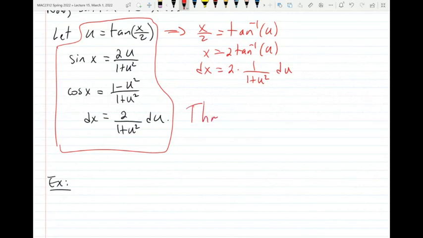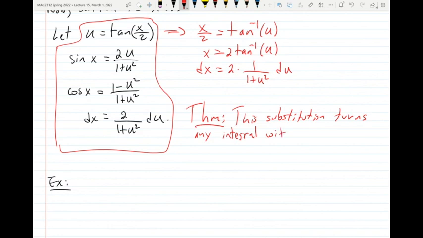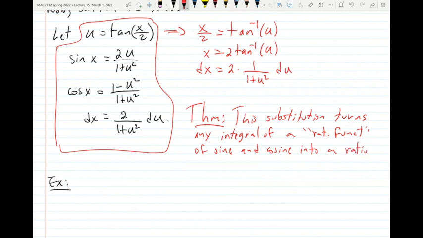So, theorem: this substitution turns any integral of a rational function of sine and cosine into a rational function of u.